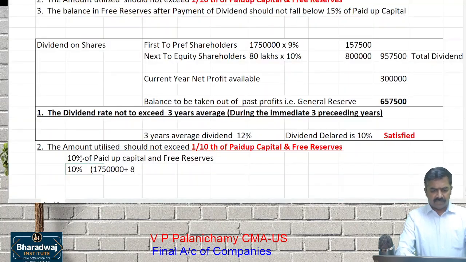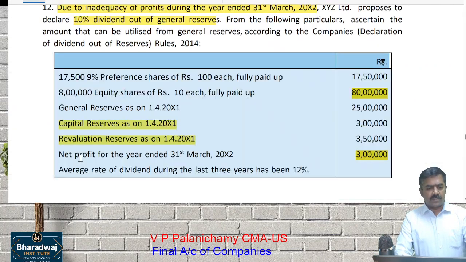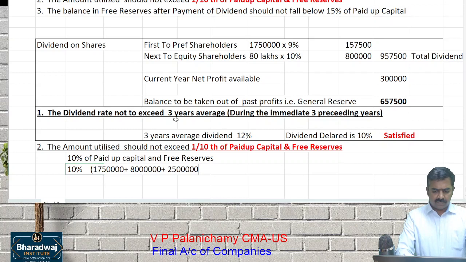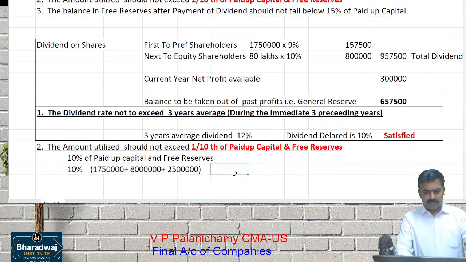How much is there? 80 lakhs plus free reserves. Free reserves in general reserve 25 lakhs. The amount utilized cannot exceed this amount. 10% of this amount maximum you can use.